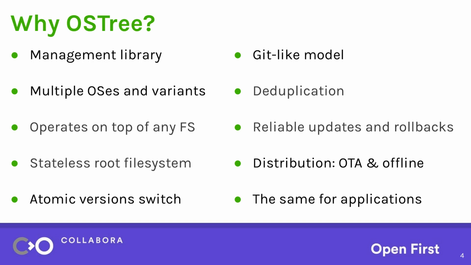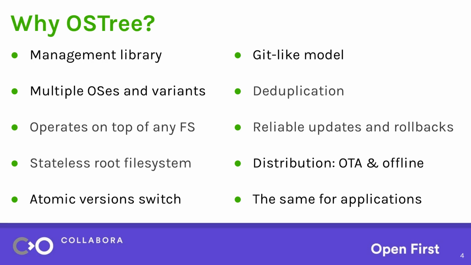Also, we use the git-like model, which means we use a single object repository, and updates over the network are very effective. Deduplication is done at the file system level, meaning it stores a single copy of each file used in the operating system. It is done via SHA sum hashes and hard links.